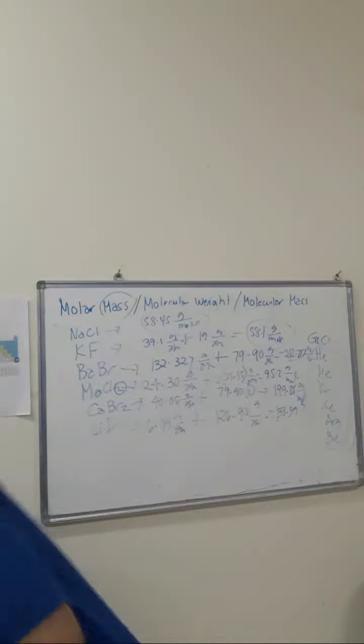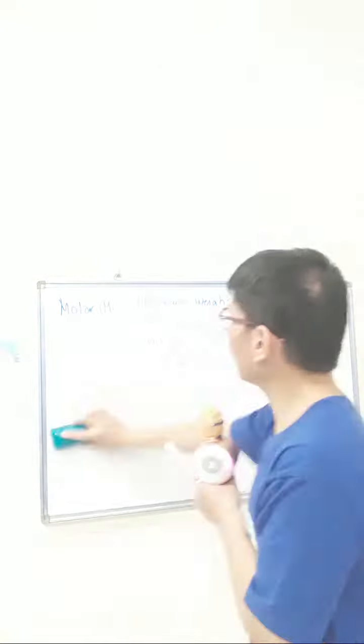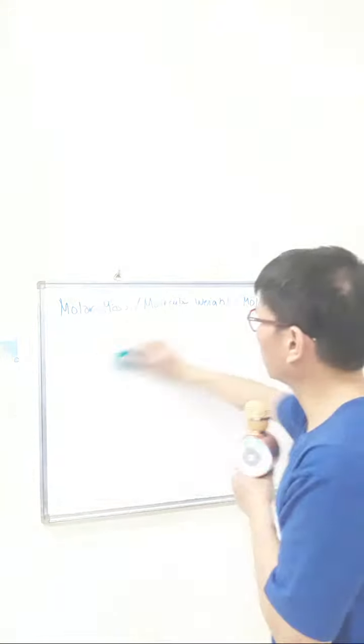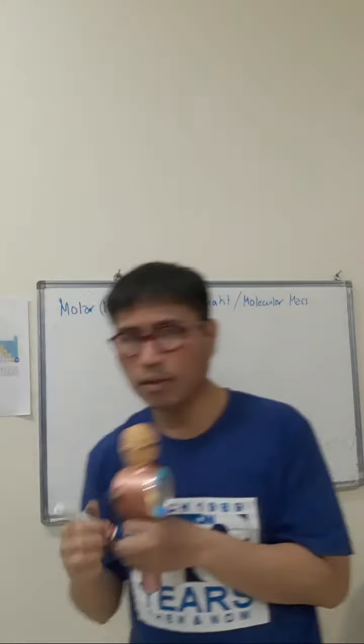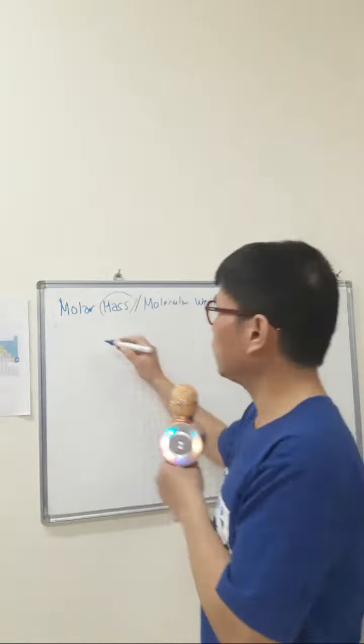What is a compound? A compound is composed of two or more elements bonded together. One element plus another element, or multiple elements bonded together, composed of many atoms joined together.